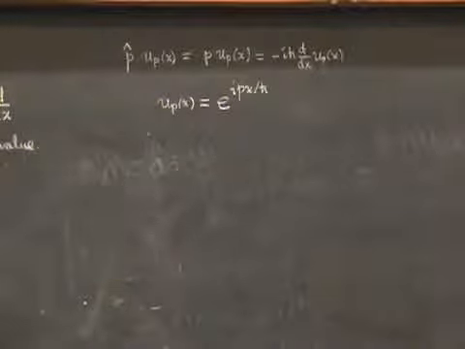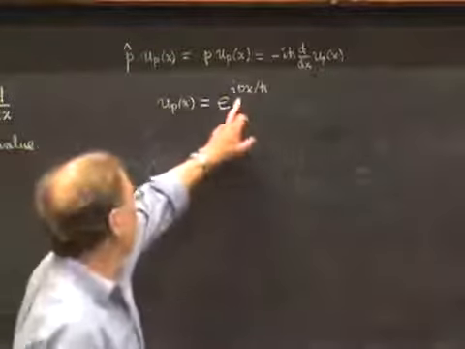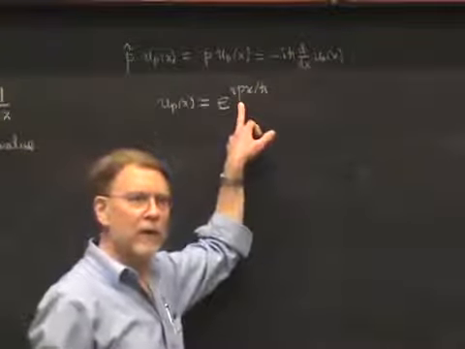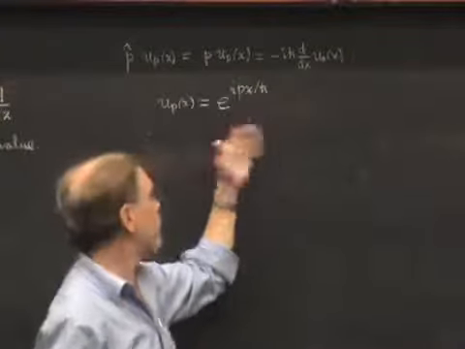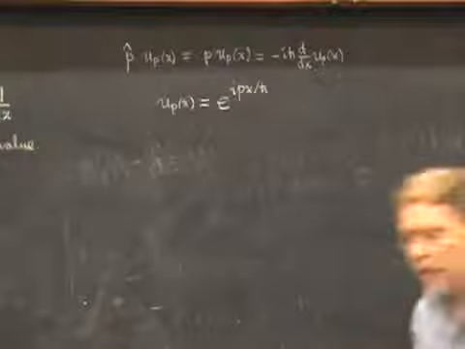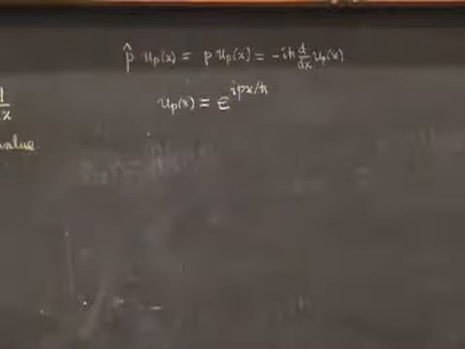Now, this differential equation has a solution for all values of the momentum eigenvalue, not only real ones, but also complex ones. There's a solution for any value of p. Does this mean that the spectrum of the momentum operator is the entire complex plane? Well, the answer is no, and part of the reason is that this is in the continuous spectrum, and I need to tell you some things about that.